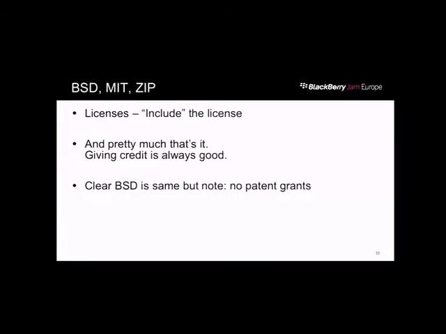So if you have a BSD license, essentially the only thing that you have to do is include the license. Right? So BSD, MIT, zlib. The requirement is to include the license, and that's pretty much it, right? It's a good practice to always give credit where you got the code from, but it's not actually required, right?